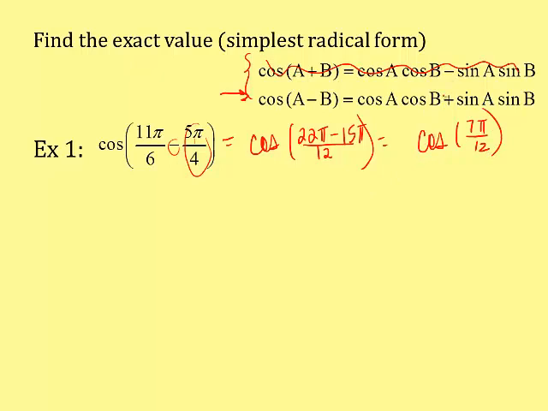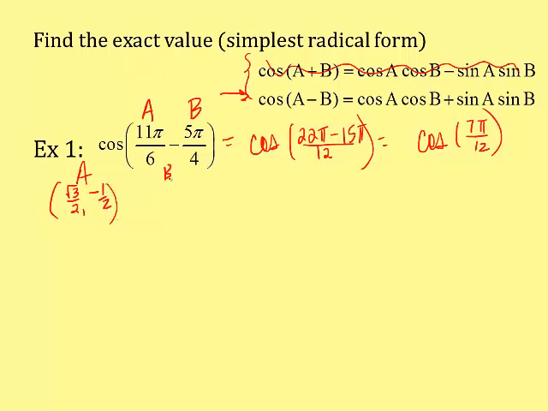So that said, come back to this, and let's look at our two angles that are on the unit circle. Notice I use two angles that do appear on the unit circle. The first one is your angle A, the second one is your angle B. Then I look on my unit circle to find the coordinates. At angle A, my coordinates are square root of 3 over 2 and negative 1/2.